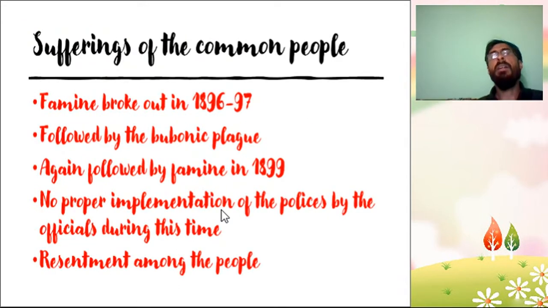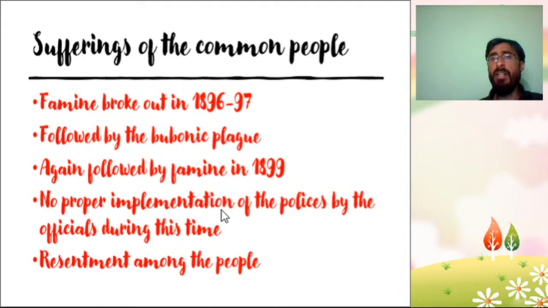Then another cause of this act was the sufferings of the common people. Actually, Indians were suffering since the establishment of British rule. After 1892, on the one hand, Indians were not satisfied with the Act of 1892 as Indians regarded this act as the mockery of their demands.